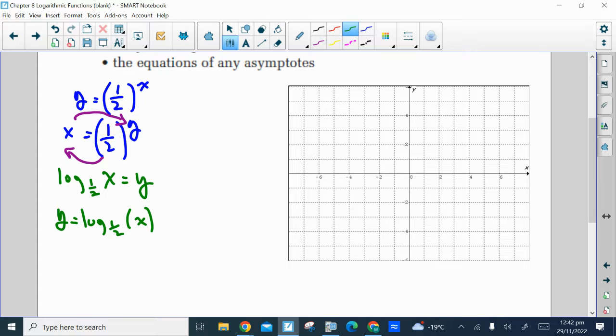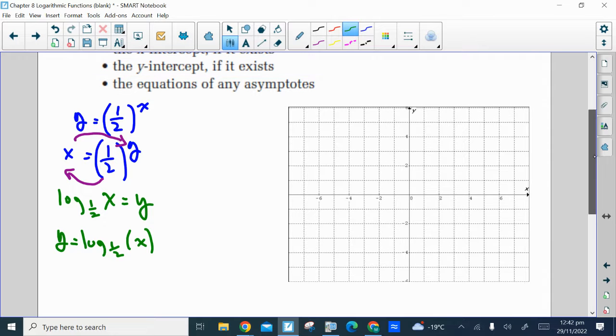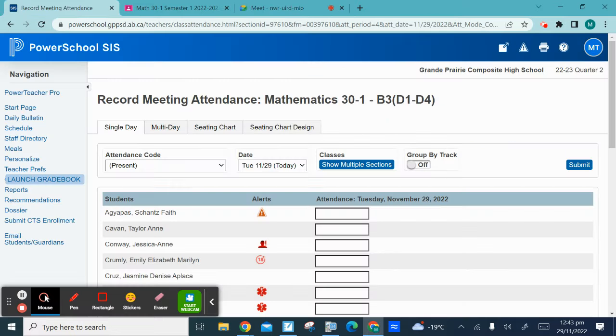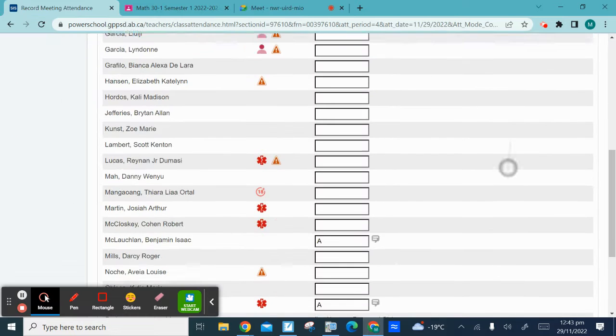That is the equation of that same equation, only we changed it from exponential to logarithmic. And by doing that, we now have y by itself. It is the same equation as this exponential function that we wrote after we interchanged x and y. We did that because that's the first step to write the equation of the inverse. Those two equations are the same. They're just in different form. That's all.